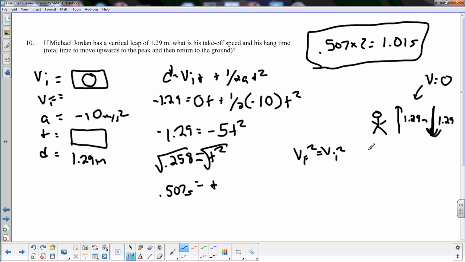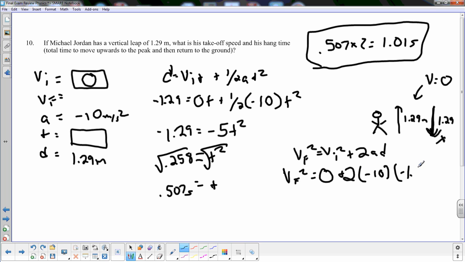So VF squared equals VI squared, which he was starting up here, is 0, plus 2, negative 10, negative 1.29. Negative 10 times negative 1.29.